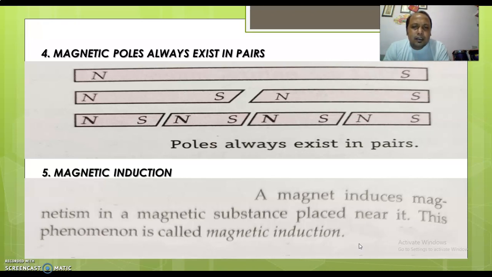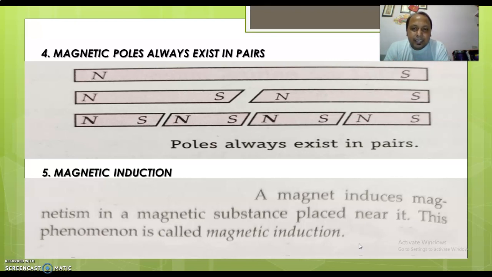Like if an iron rod is there, and if you take another iron rod near it, it will neither show attraction nor any repulsion. That means it doesn't show any magnetic property. But when you take that iron rod near a magnet, then that iron rod will also start behaving as a magnet. And if you take another iron rod near the first one, which is present in the magnetic field, then it will attract the iron rod.